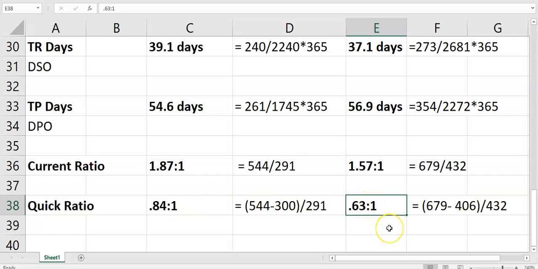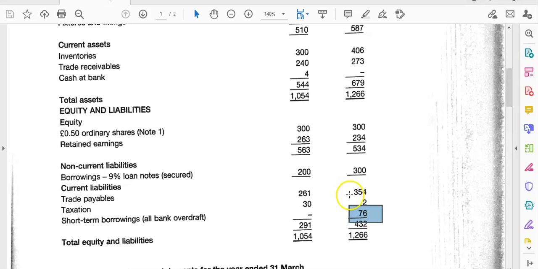And what that means is for every euro in current liabilities the company has, it only has 63 cents in short-term assets. So for example, if these were called in, i.e. wanted to be paid very soon, you wouldn't have enough money. All you have is trade receivables at 273. So you would be very tight in your cash flow.